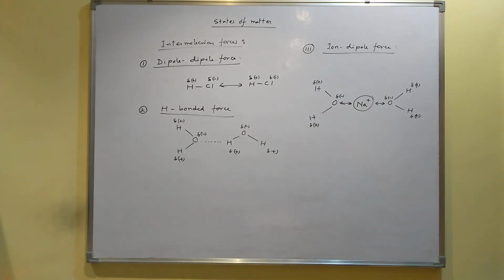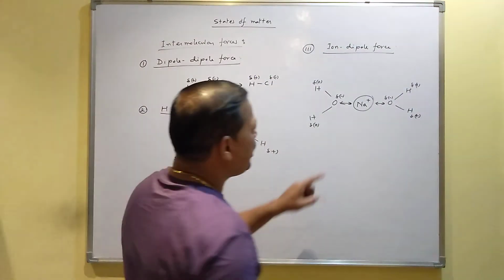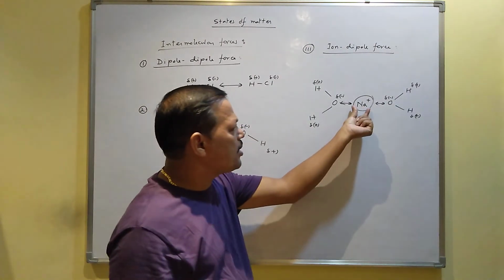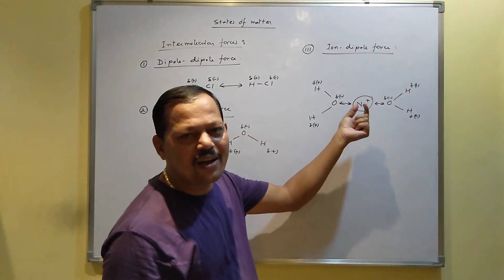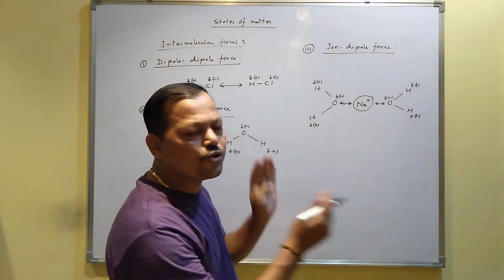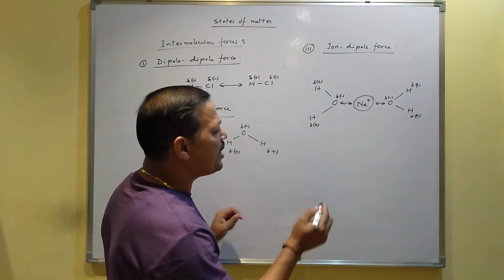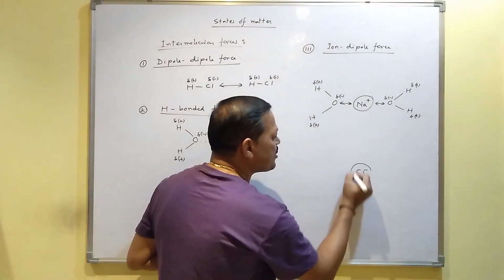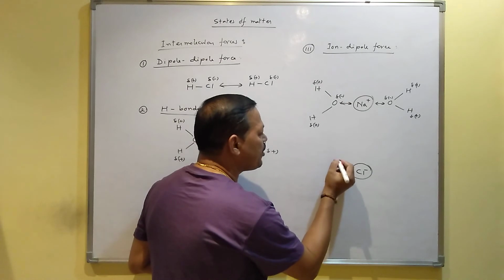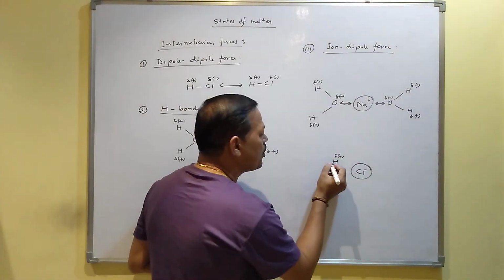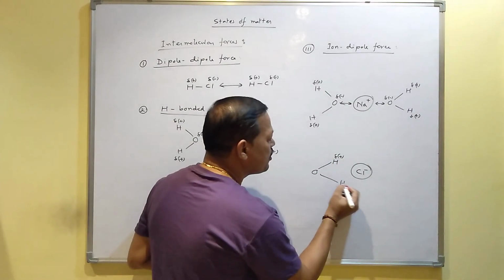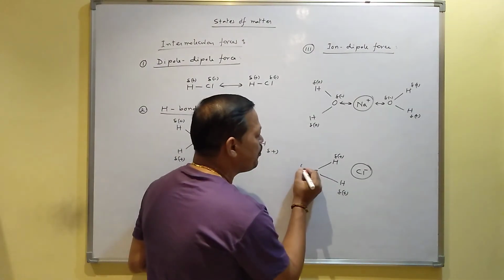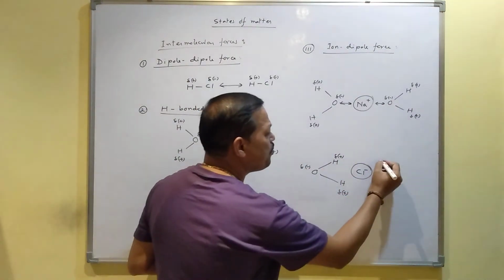But one thing you should know, I have considered a positive ion, but if you take a negative ion like Cl minus ion, then also force of attraction takes place. But in that case, if you consider Cl minus, then the positive end of the polar molecule will come towards the anion, because negative always attracts the positive.